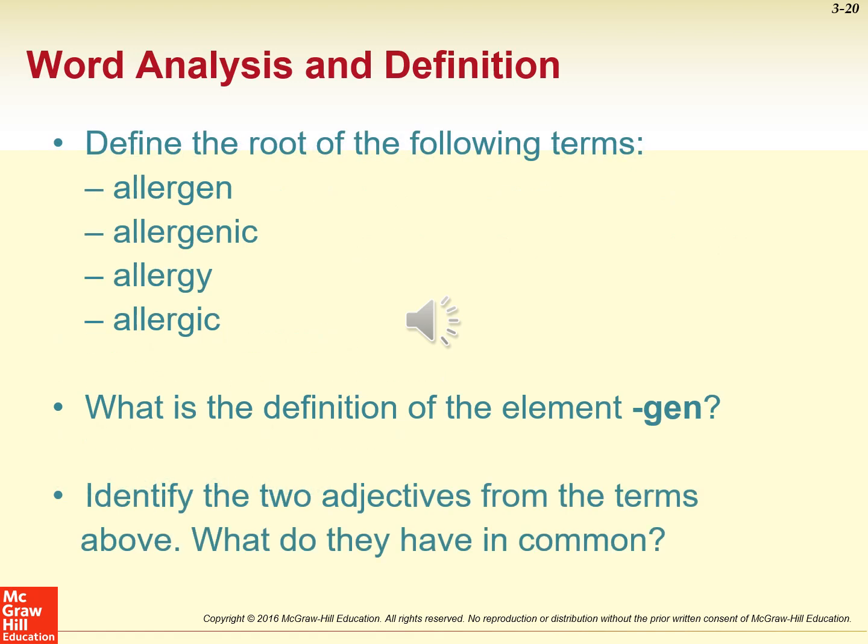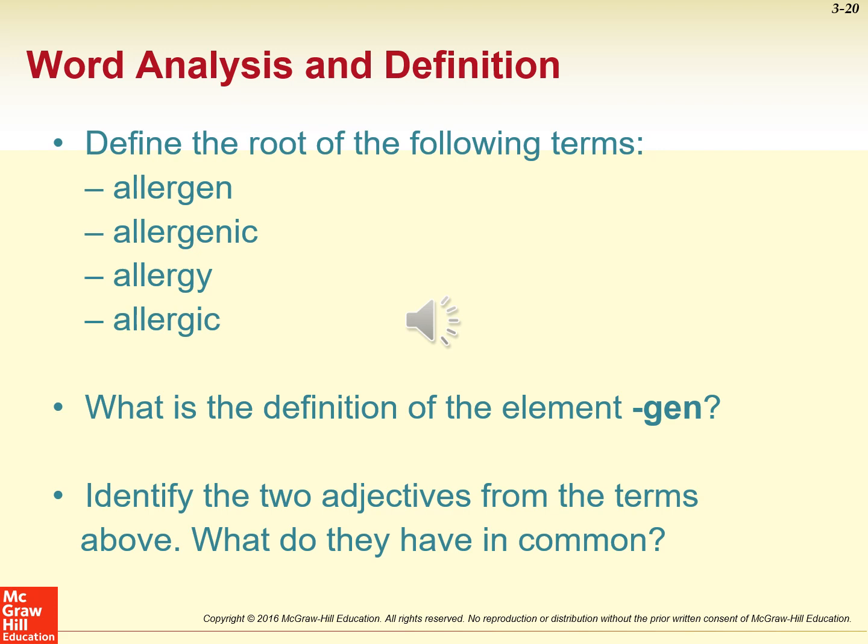What is the meaning of the common element from the terms listed? The root all means strange or other. The root erg means work, activity. What is the meaning of the element gen?